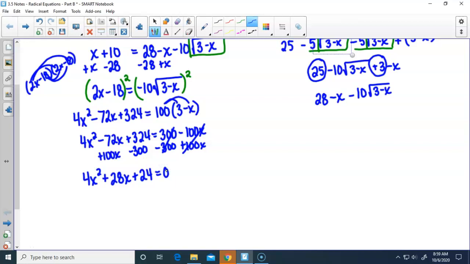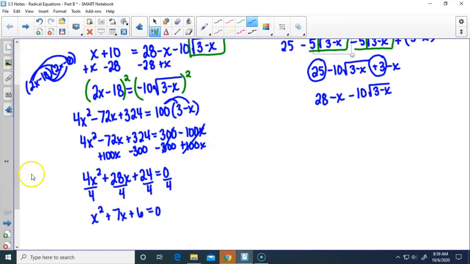And I can see here I've got 4, 28, and 24. All of those numbers are divisible by 4. So I'm going to divide off that 4 here just to have a little bit smaller numbers to deal with. So x squared plus 7x plus 6 equals 0.